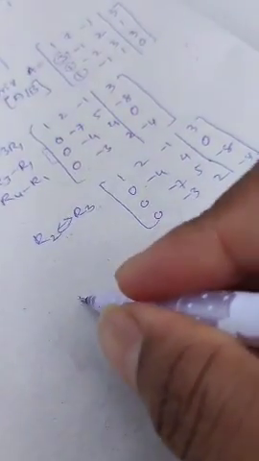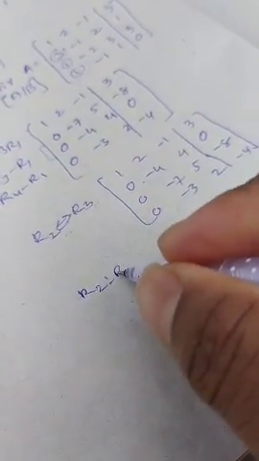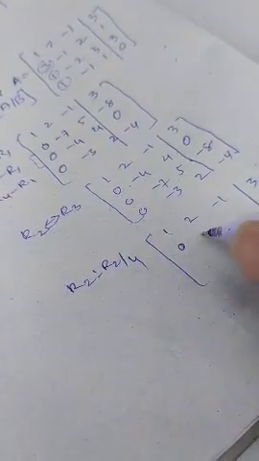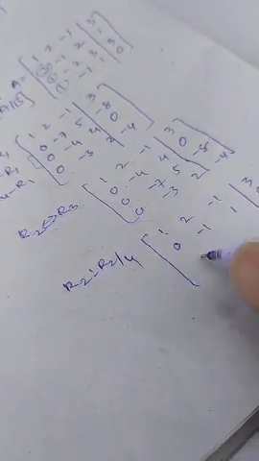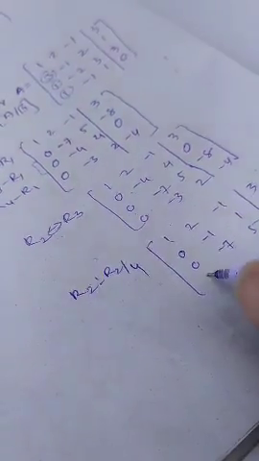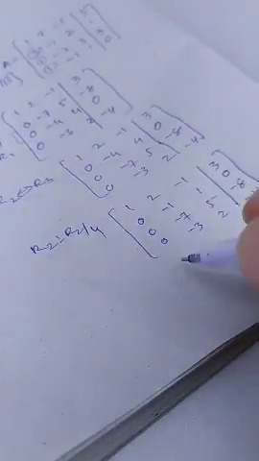Now here I am dividing R2 by 4. So 1, 2, minus 1, 3; 0, minus 1, 1, 0; 0, minus 7, 5, minus 8; 0, minus 3, 2, minus 4. Now make minus 7 and minus 3 zeros.